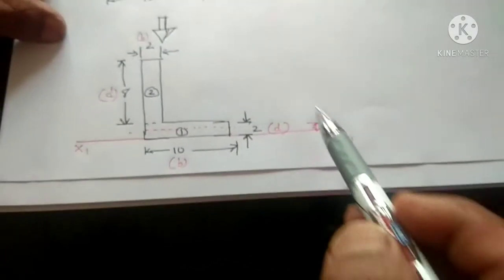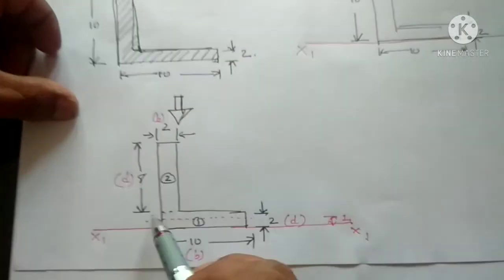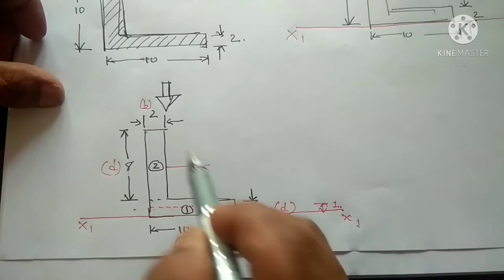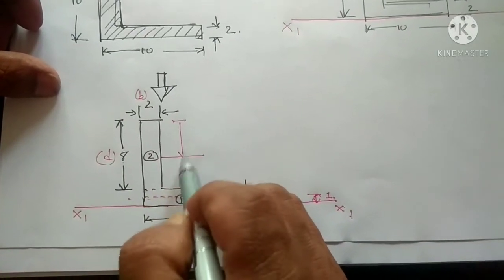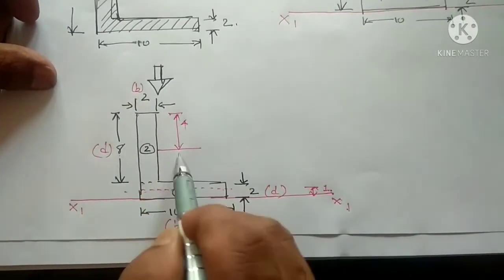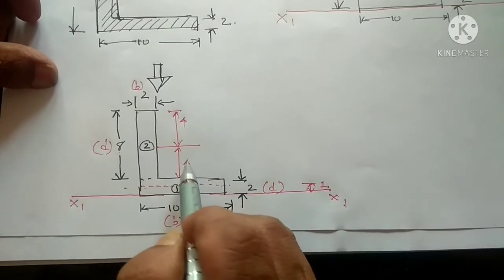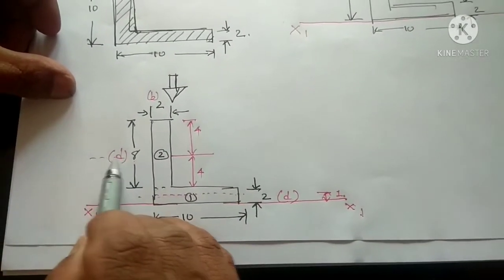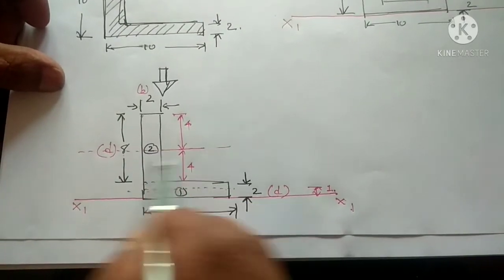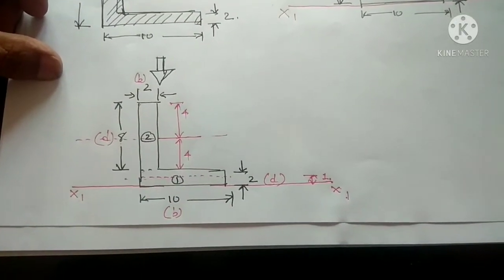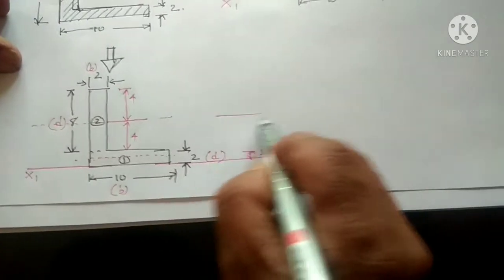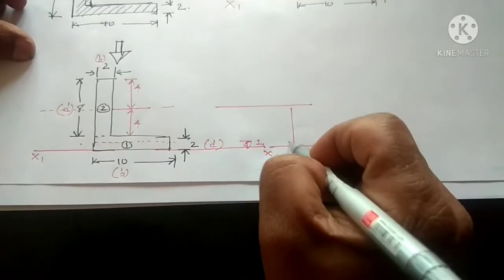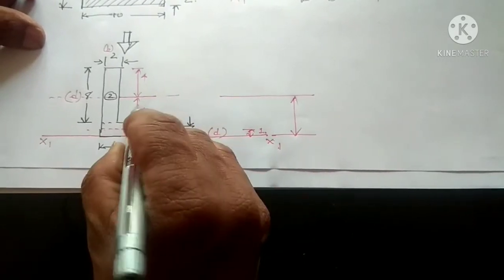Similarly, for the second component, half of it is 4 and this also is 4, so here will be the centroidal axis for the second component. And the distance from the reference axis X1 is this 2 plus 4.